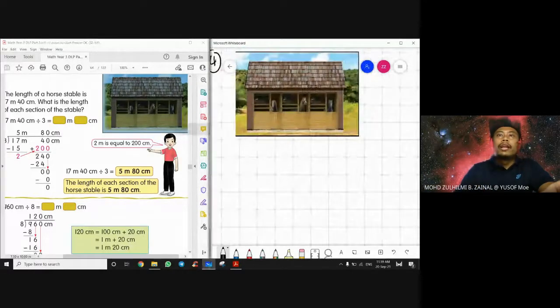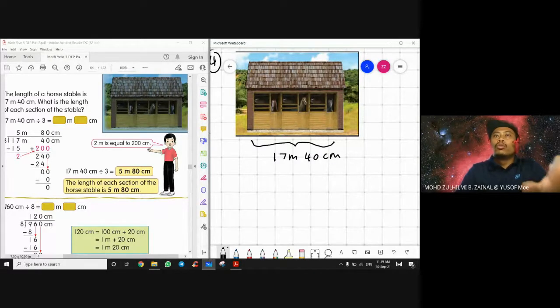So total length dia adalah 17 meters 40 centimeters. Satu section dia ada berapa ekor kuda? Kalau ada 3 kepala kan, maksudnya ada 3 kandang lah, 3 section lah. So ada 1 section, 2 section, 3 section. So each section tu must be equal length.